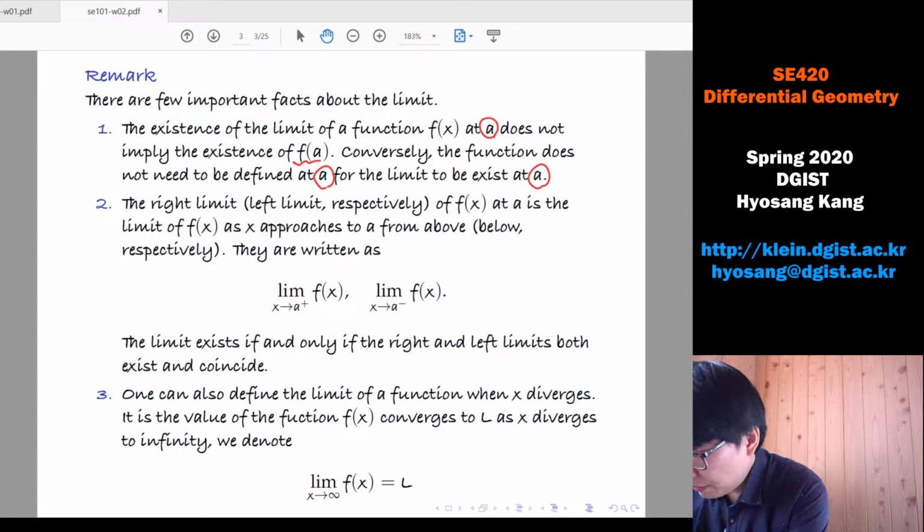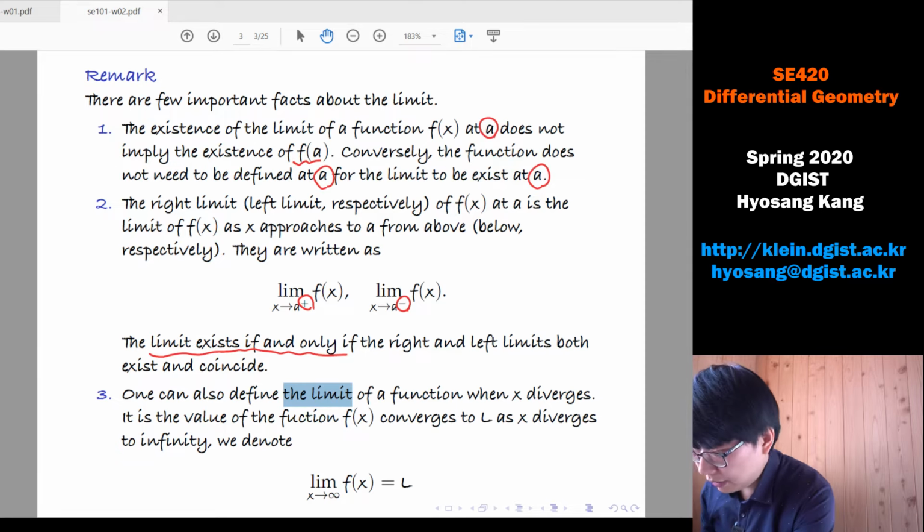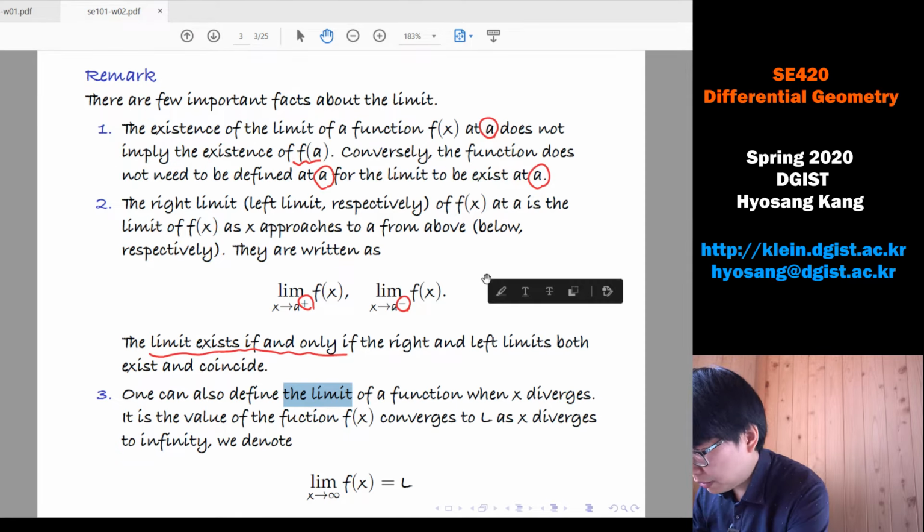And also you can define a right limit and left limit. This is called the 좌극한, 우극한 in calculus. You learned in the high school. And the limit exists if and only if the right and left limit both exist and the same, coincide.